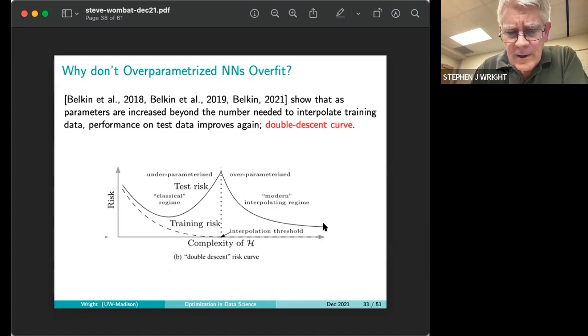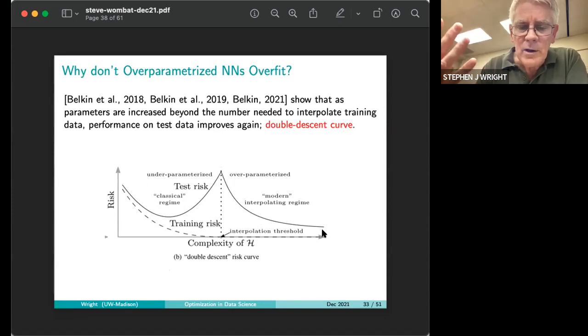But the overparameterized regime is way out here. And he's saying that as you overparameterize, as you move past this dotted line, you get into a regime where there are actually many models that fit the data, but some of those models are also generalizable. And the interesting thing is that by just doing gradient descent, it seems to identify the models that have good generalization properties.